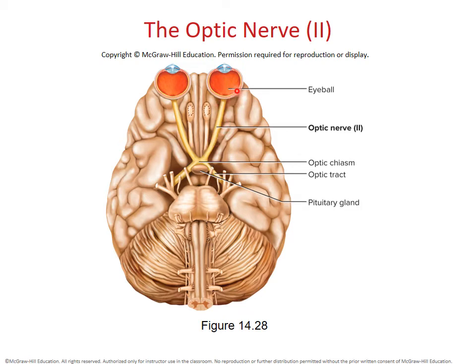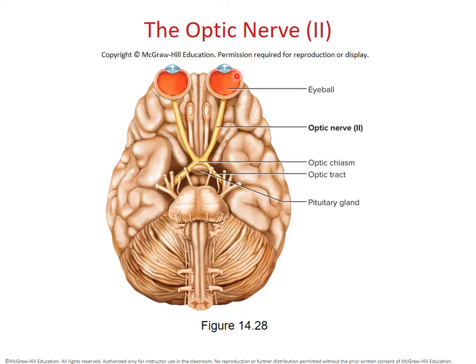Generally speaking, what happens is images that fall on this lateral side of the retina tend to pass through the optic nerve and stay on the same side of the brain. And so that's true for both sides. So this lateral portion of the field of view of this left eye will go to the left brain.